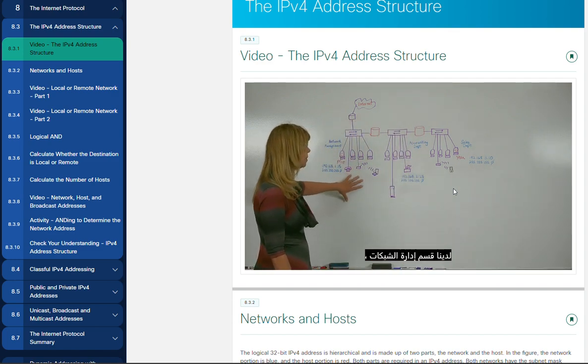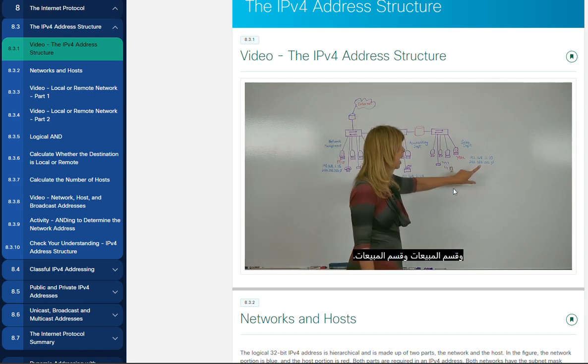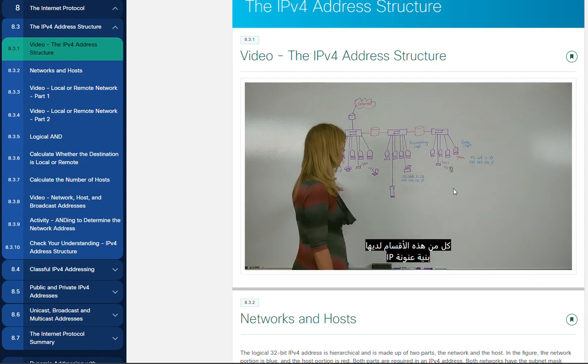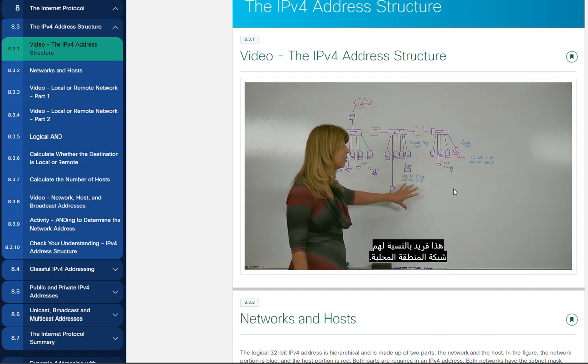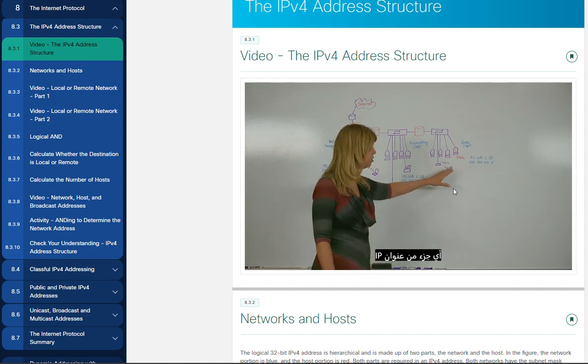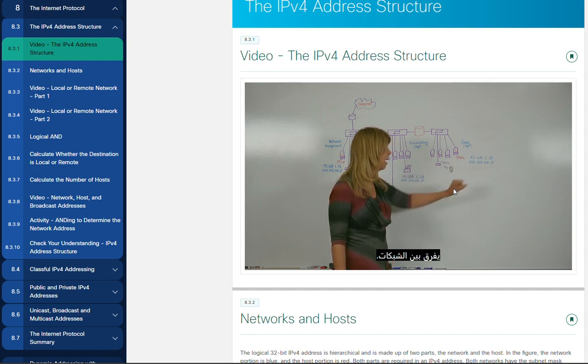We have the network management department, the accounting department, and the sales department. Each of those departments has an IP addressing structure that is unique to their local area network.